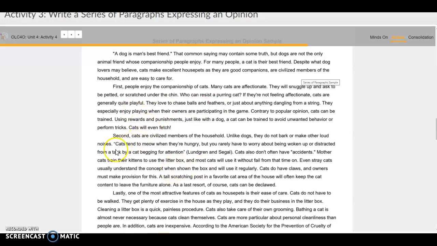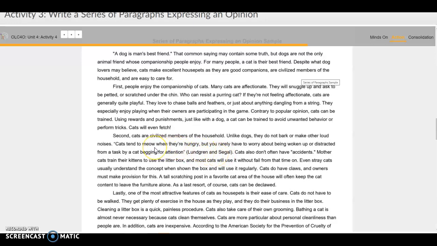For example, here I'll show you that they use research, and so you can see in this second body paragraph we have a quotation here. "Cats tend to meow when they're hungry," and so you have a whole quotation here, a sentence, and then you have the source. So this was taken directly from research, directly from an article, and these are the author's names.